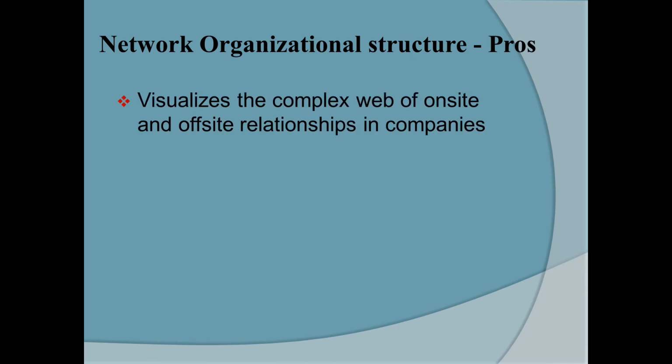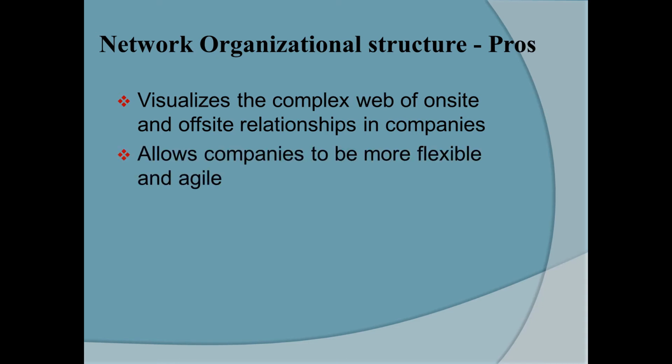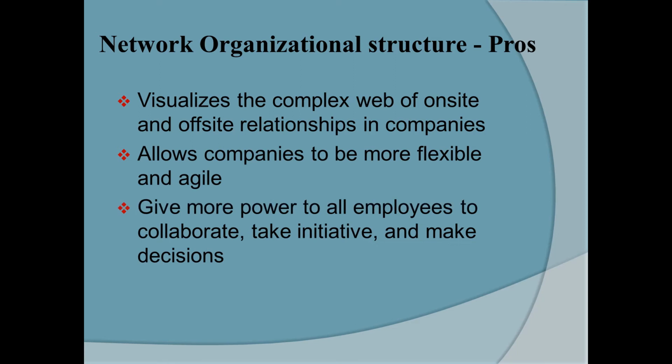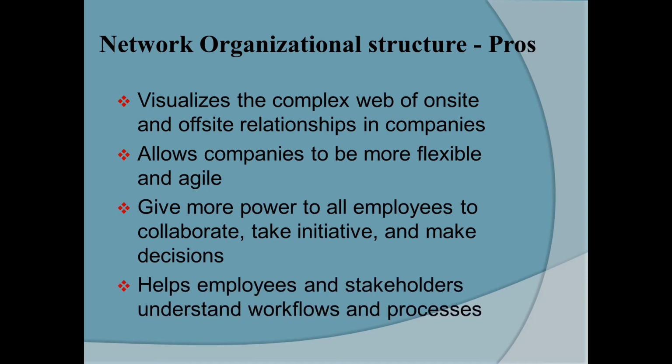So what would be the advantages? It visualizes the complex web of on-site and off-site relationships in companies, allows companies to be more flexible and agile, gives more power to all employees to collaborate, take initiative, and make decisions, and helps employees and stakeholders understand workflows and processes.